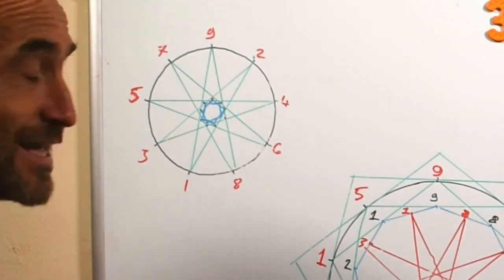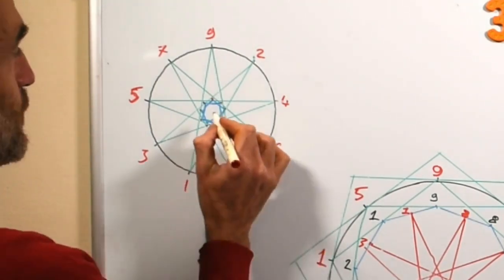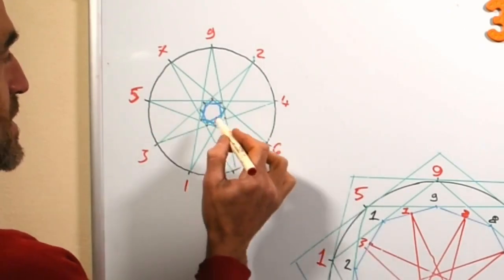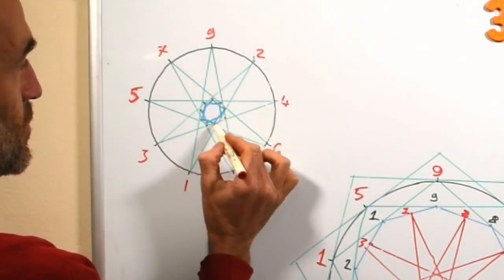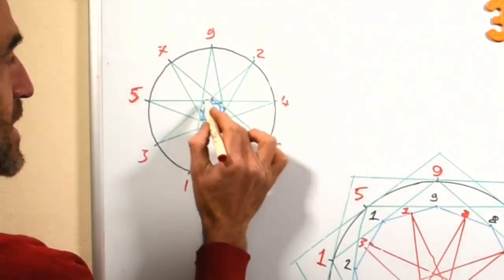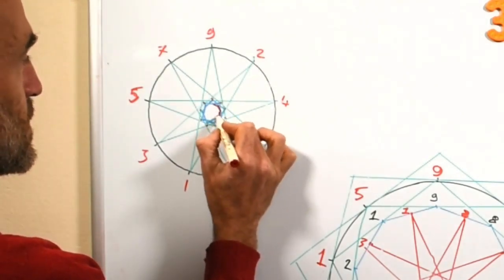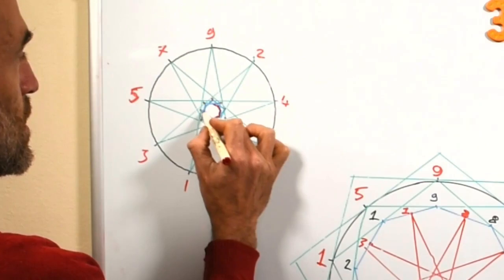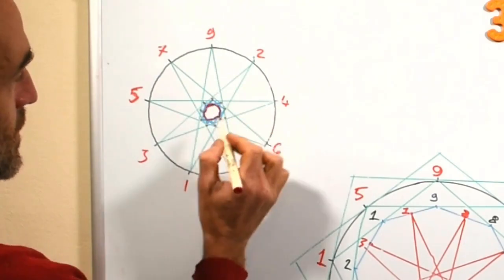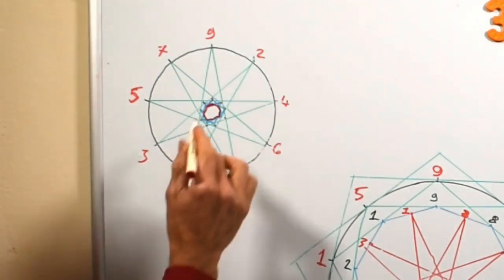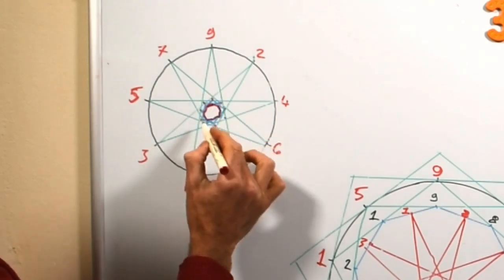So another interesting point just to point out for you is that what's happening is, because we're taking the midpoints here, we get the expanded star inside, and then if we continued, we'd have had the enneagon inside the expanded 9-pointed star.